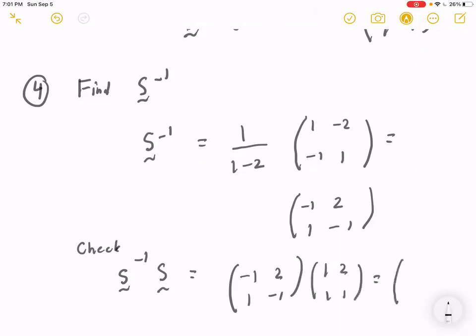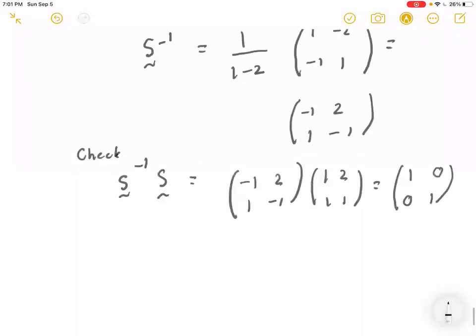See, if we do a matrix multiplication correctly, that matrix element is 1, this is 0, that's 0, and this is 1. And that equals the identity matrix. And I ask you as an exercise to verify that this is true.